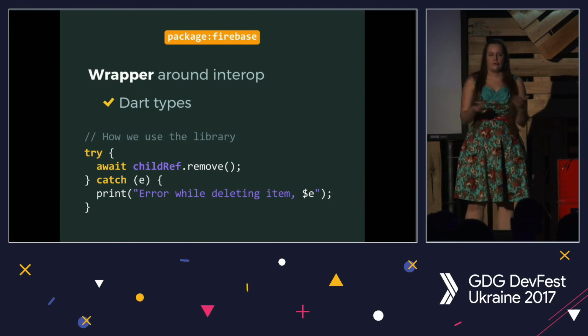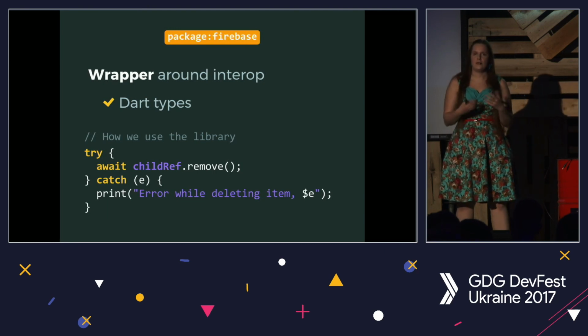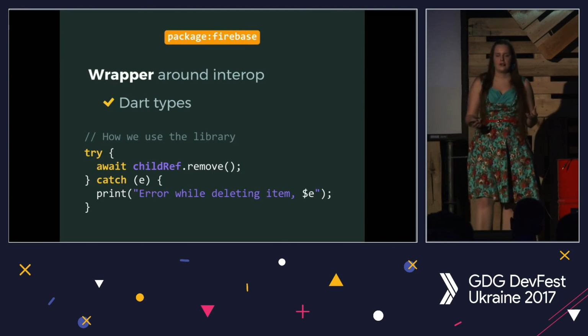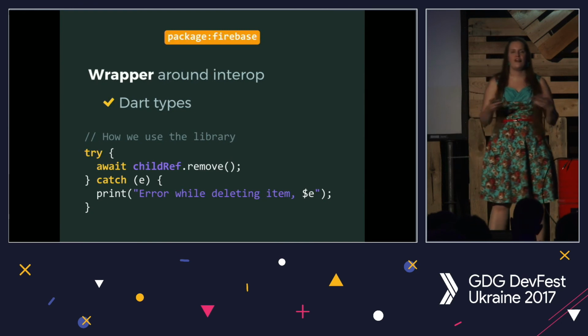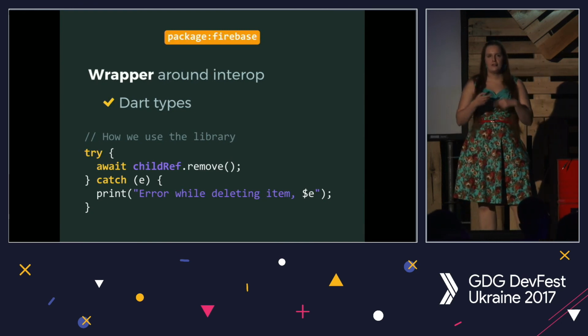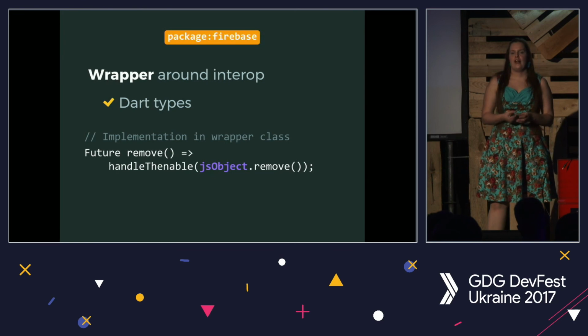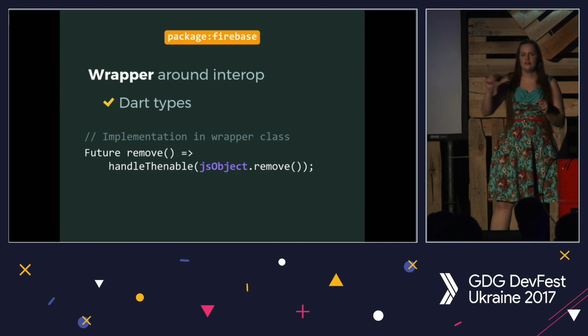How I did this, or how you want to use it: in Dart, because we want to use futures, we can call childRef.remove with the await keyword. But to be able to do so, I had to write a wrapper method, which looks like this. Future remove, and this returns. Again, you can see the fat arrow.